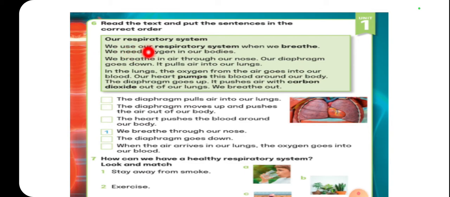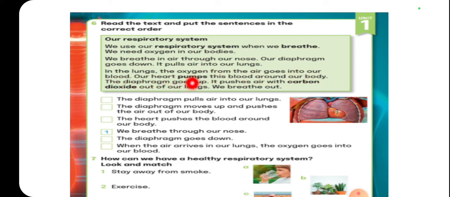We use our respiratory system when we breathe. We need oxygen in our bodies. We breathe in air through our nose. Our diaphragm goes down. It pulls air into our lungs. In the lungs, the oxygen from the air goes into our blood.